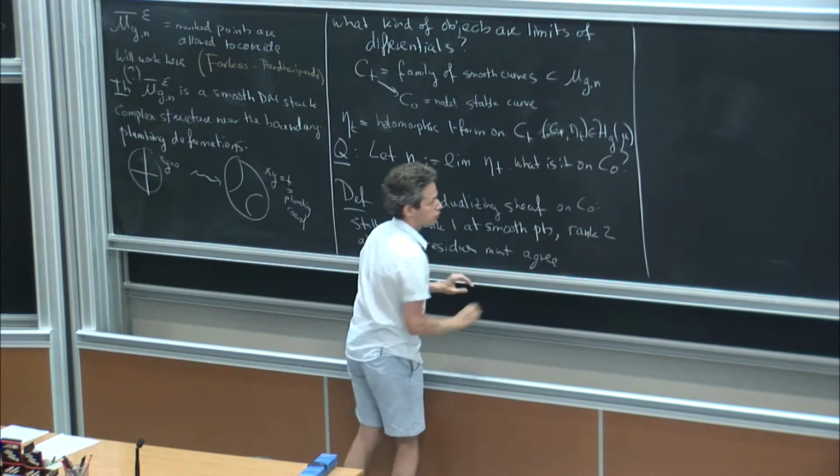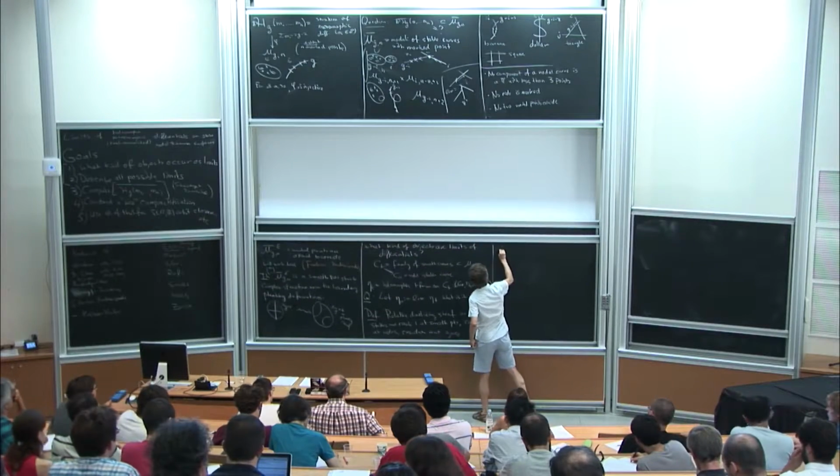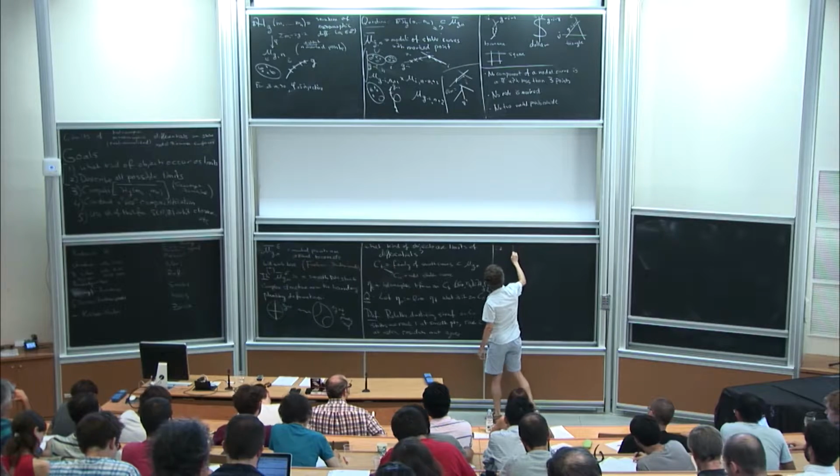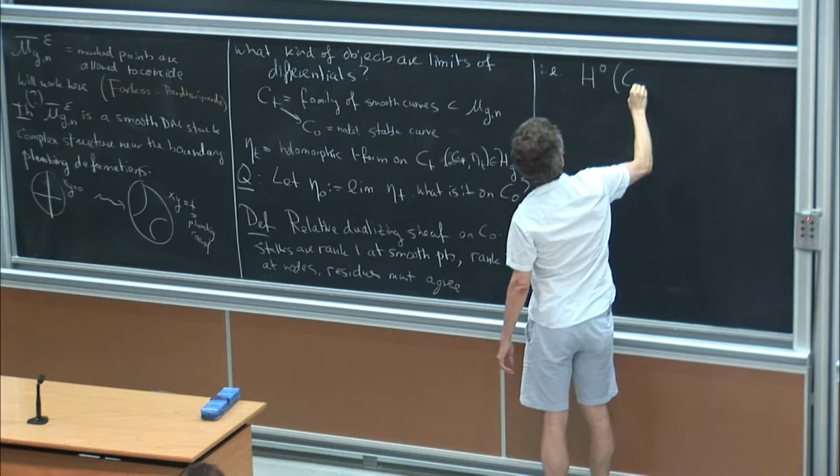So I can write this more formally, but let me explain in more pedestrian terms what this means. So what I'm saying is if you want to take a section, I will write H^0 for the space of sections of this.